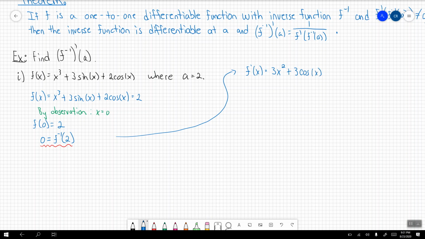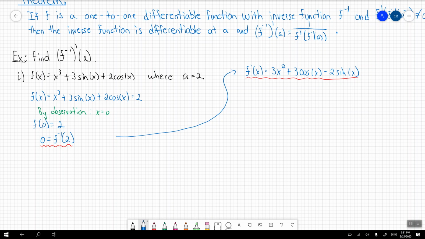And finally, the derivative for 2 cosine of x should be negative 2 sine of x. There we are. Not too bad. All right, so now that we have this, we can say this is one of the important items that we need.